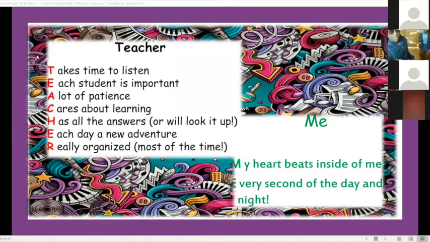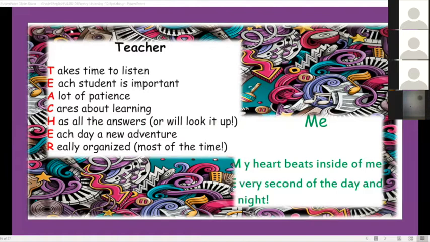So T for takes time to listen. E for each student is important. A, a lot of patience. C, cares about learning. H, has all the answers or will look it up. E, each day a new adventure. R, really organized most of the time.